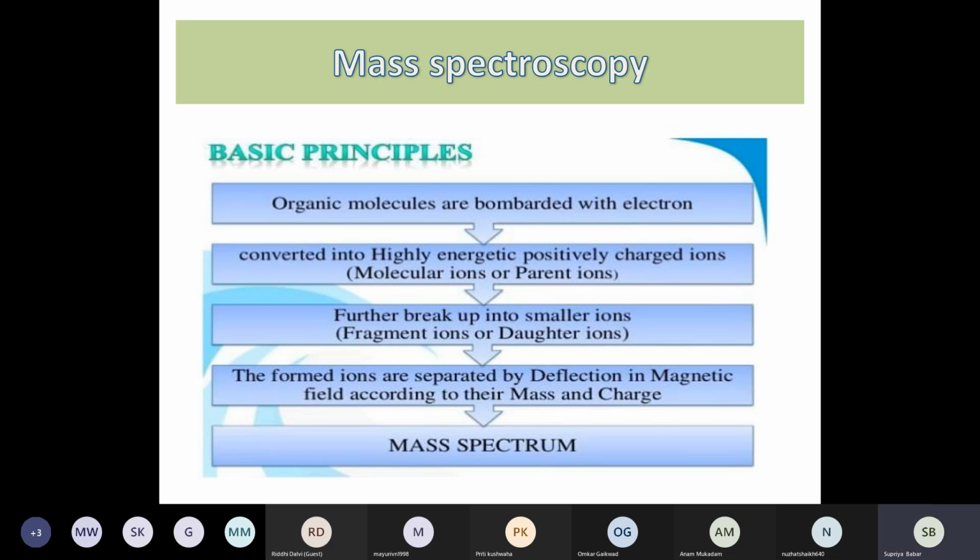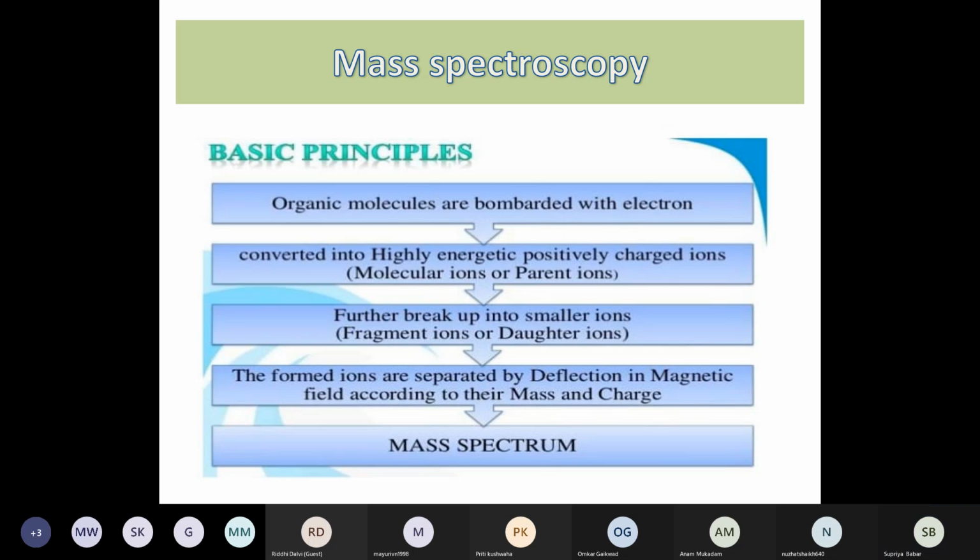These signals will have different intensities. Intensity means one signal will be very sharp and very long, while another peak will be very short. So it depends on the intensity, which reflects the relative abundance of the ion producing the signal.